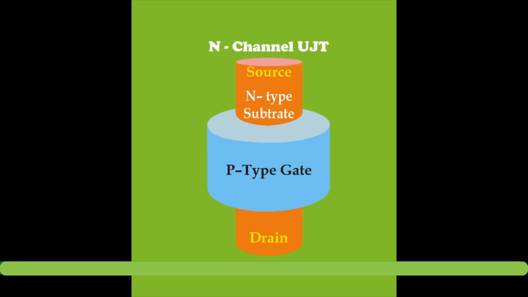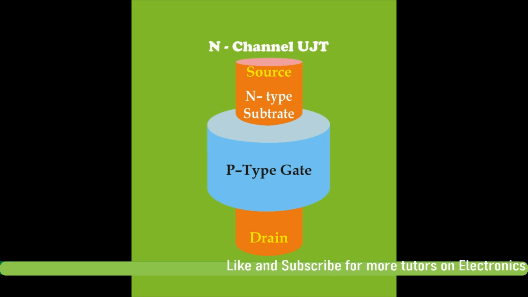So there will be a formation of a depletion layer around the neck of the N type substrate. That is why this type of MOSFET is called N type MOSFET. Here all the current from source to drain is due to only electrons. That is why it is called N type UJT.